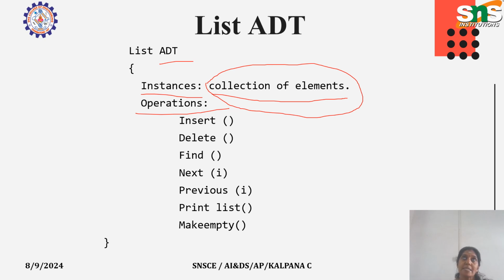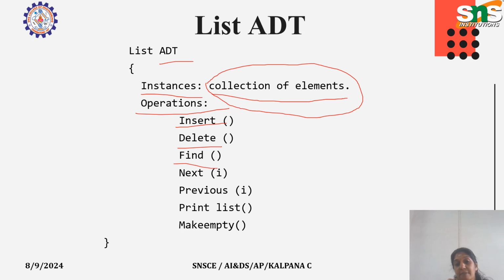If you are going to make a mark list, grocery list or any wish list, we keep updating and inserting new things. Whenever there is a need, there is the insertion operation and then deletion. If a particular item is not needed, we remove that item.